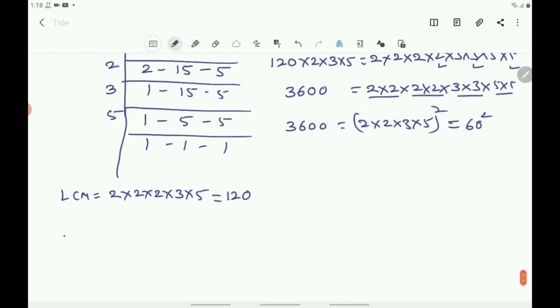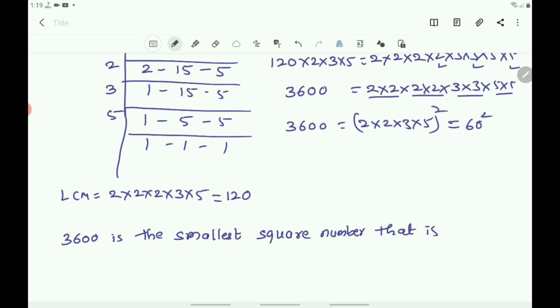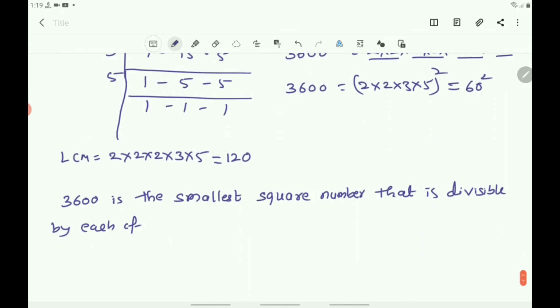Write the answer: 3600 is the smallest square number that is divisible by each of 8, 15 and 20. The exercise 3 is completed.